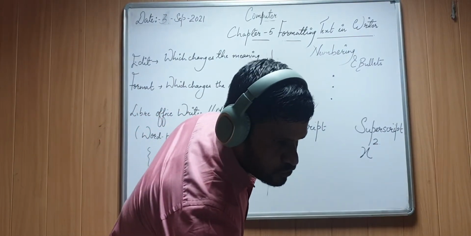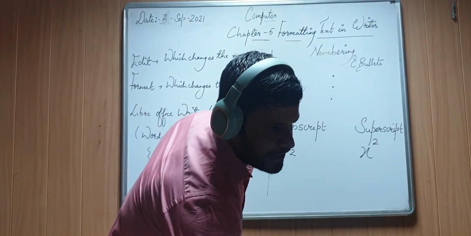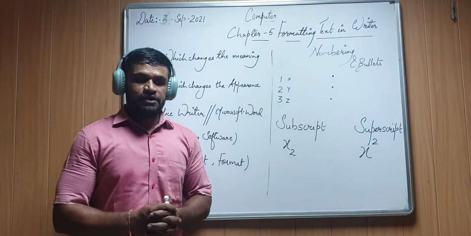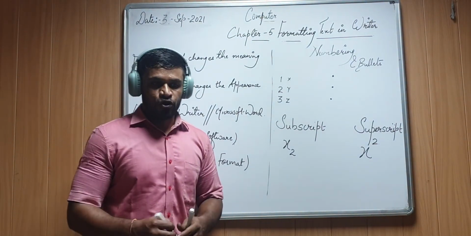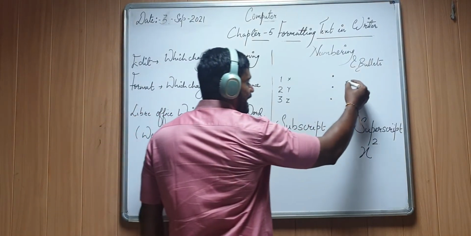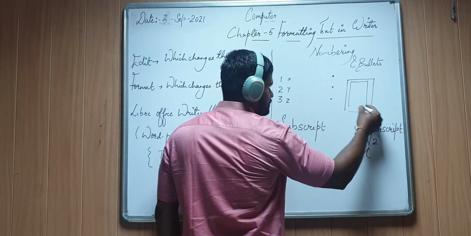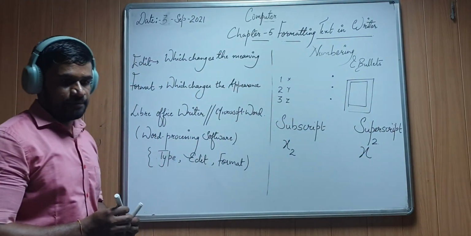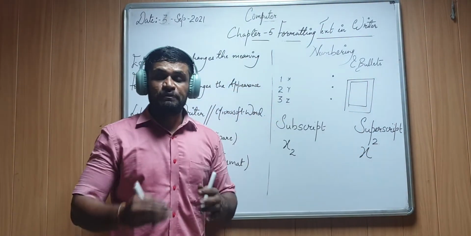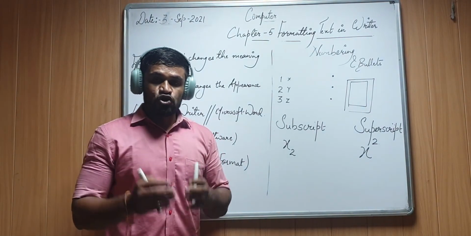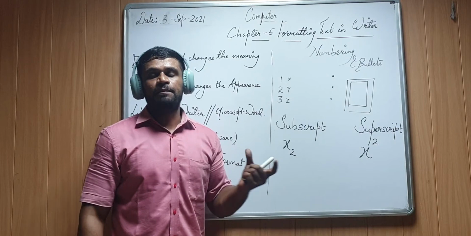After subscript and superscript, we have how we can apply borders and shadow. To decorate the document, to make the document more attractive, we can apply different borders. Like you do in your project works and essays, you can apply a border which makes your work look more attractive, and it also arranges your text in a proper manner.